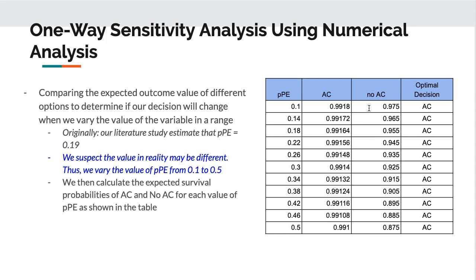Based on these two expected values, the survival probability, we can decide the optimal decision. Greater is going to be better. So for the first case, we have the AC with expected value 0.9918 and no AC 0.975. So obviously the optimal decision would be the AC option.